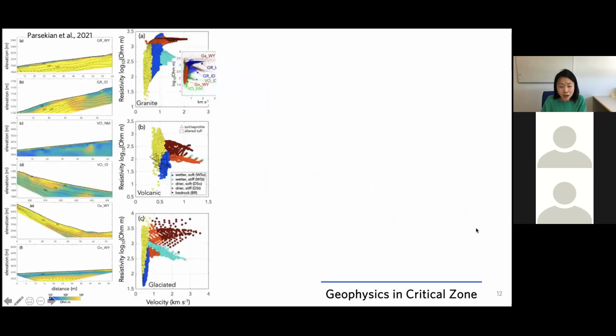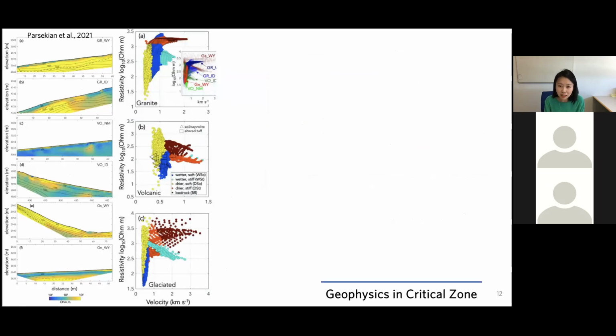So there are some other examples. This is a recent study done by Parsekian et al. 2021, in their recent publication in Geophysics. They used ERT and seismic imaging to classify critical zone subsurface material into hydrofacies, a similar idea to how we identify lithofacies.